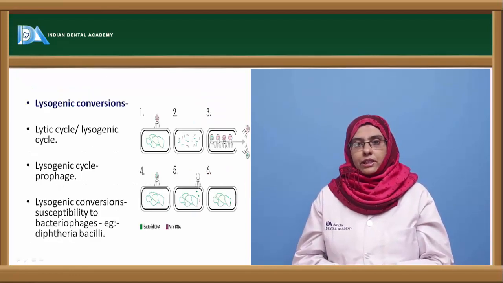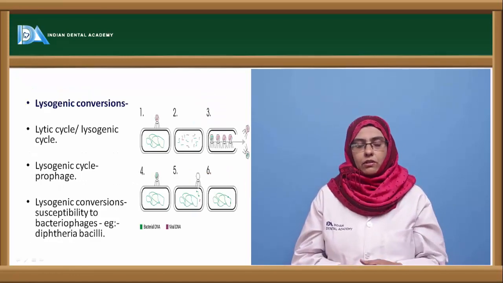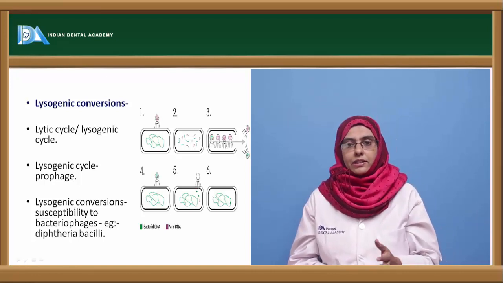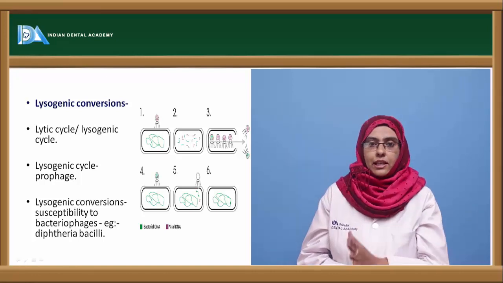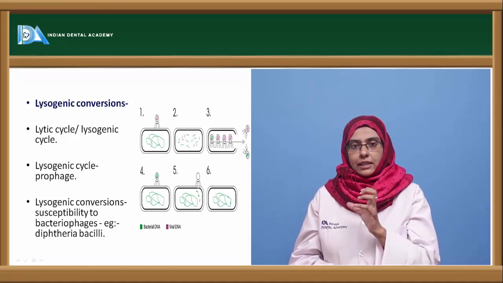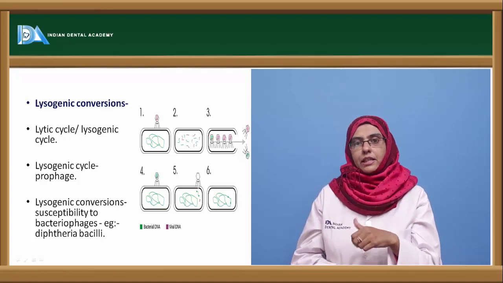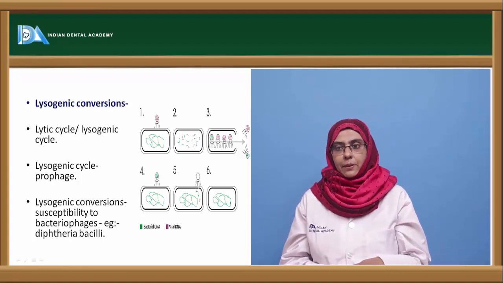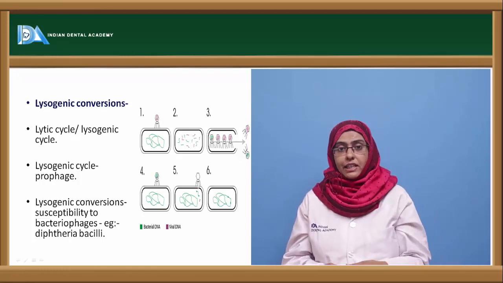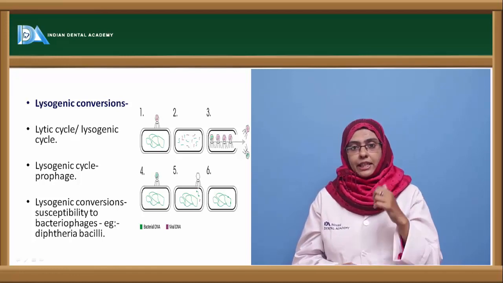Now coming to lysogenic conversion, it is also a part of the bacteriophage life cycle, as I told you, lytic cycle or lysogenic cycle. In the lysogenic cycle, they get integrated into the bacterial chromosome and it is called a prophage, and the bacteria is called lysogenized bacteria. And this lysogenized bacteria usually bring about lysogenic conversions.